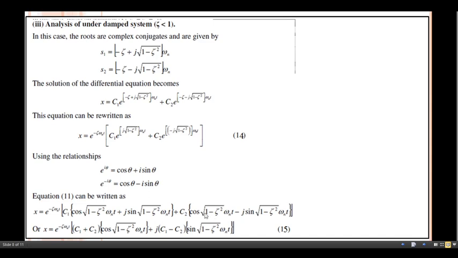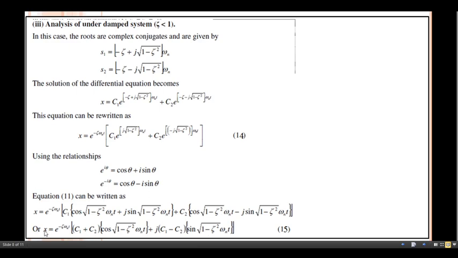Cos of theta means square root of 1 minus zeta square into omega t, minus j into sine of theta means this term will occur as it is. Or we can just multiply this constant term to the inside term. This multiplies this term, this multiplies this term, and pick up the cos term together and the sine term together.